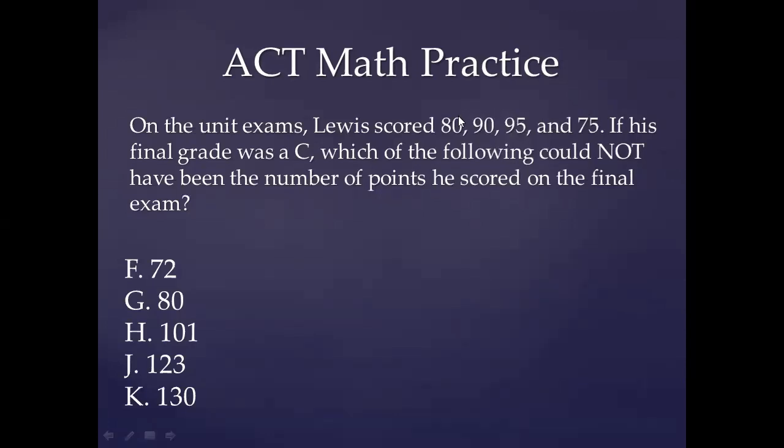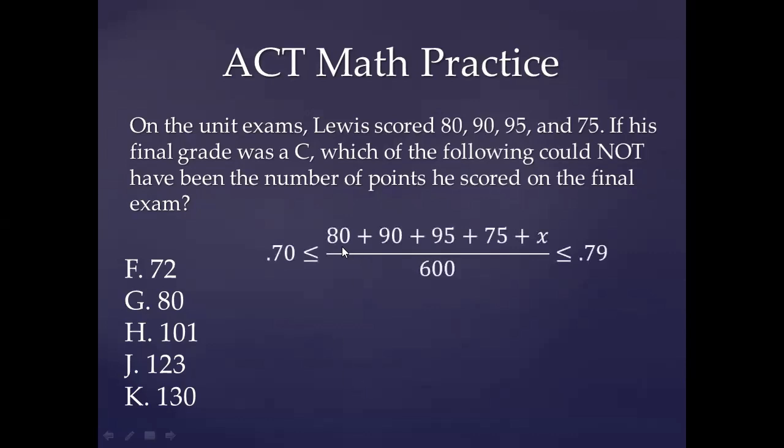And so far, the number of points that we have obtained are 80, 90, 95, and 75. We'll be able to set up an inequality. So let's add these together to get the total number of points on the unit tests.